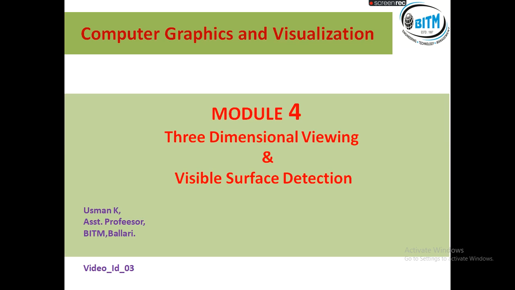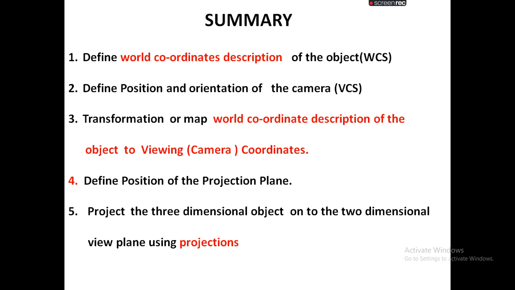So these are the concepts we discussed in the previous class, and we are using 5 steps here to translate a three-dimensional synthetic object in the world space onto the two-dimensional screen of the display system.